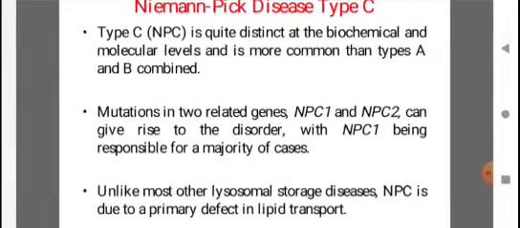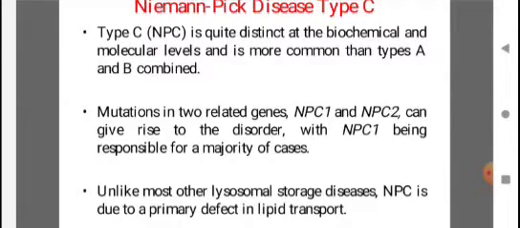Type C disease. Type C is quite distinct at the biochemical and molecular level and is more common than types A and B combined. Mutations in two related genes, NPC1 and NPC2, can give rise to the disorder, with NPC1 being responsible for the majority of cases.